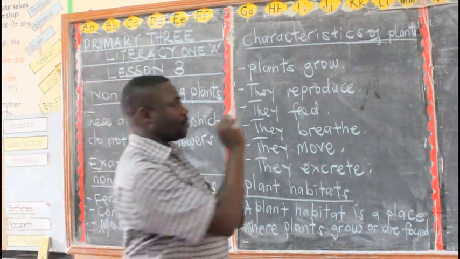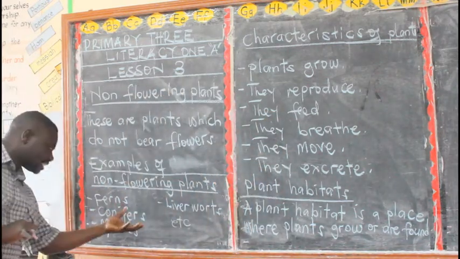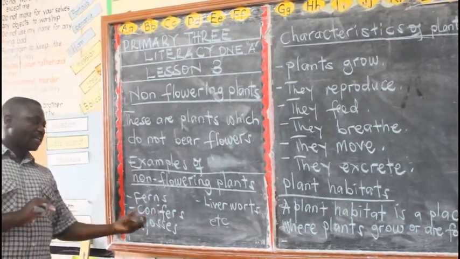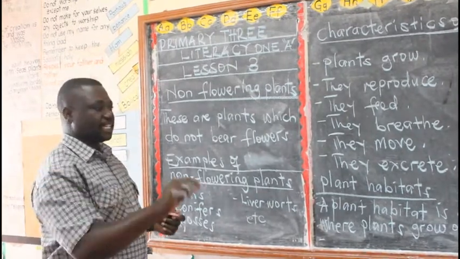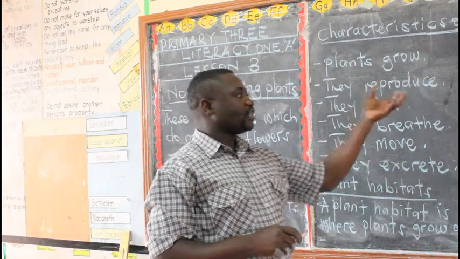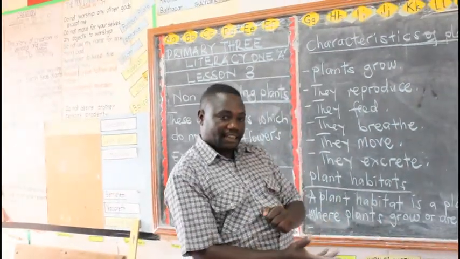Where else can we find these conifers, ferns, and mosses? We can get them in waterlogged areas. Not necessarily that we are going to find them only in a tree trunk which is rotting or alongside the veranda.